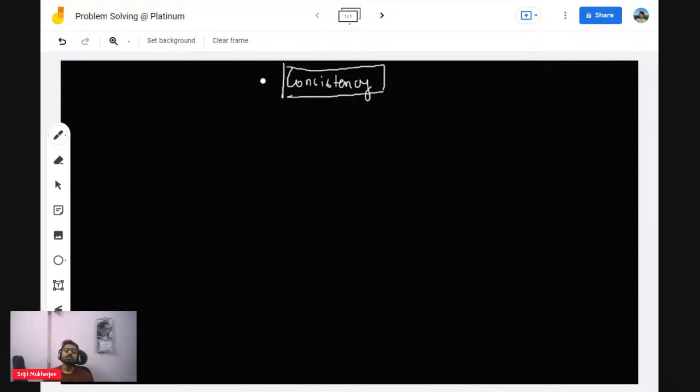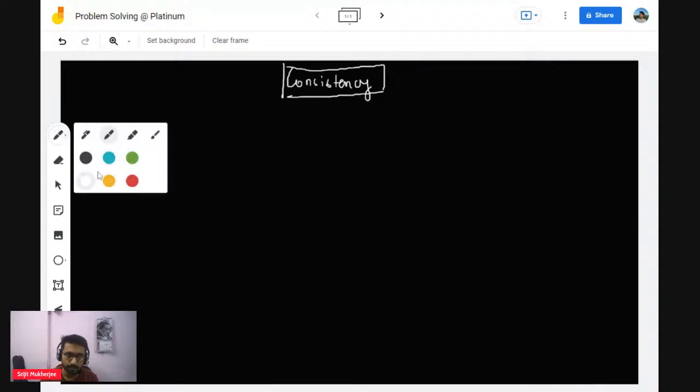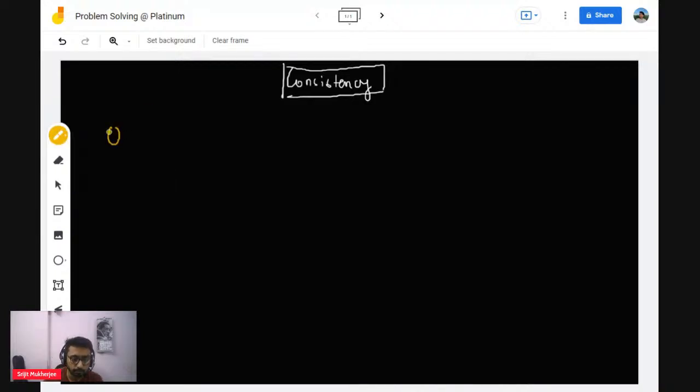Very good. Okay, so coming back to consistency, what is consistency, guys? It's a property of an estimator, theta hat, which is a function of the sample.